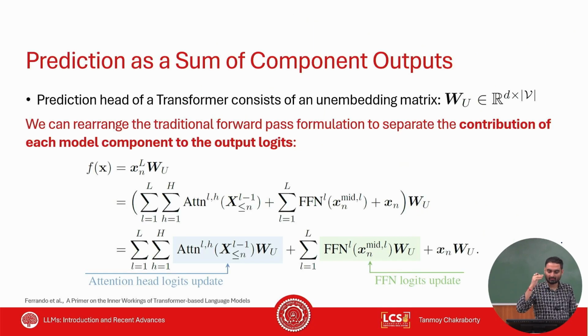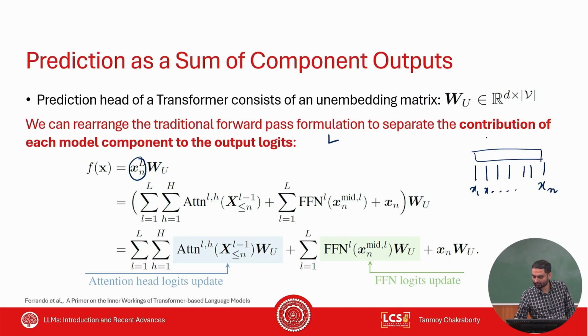Now think of the last layer where we actually obtain the final output. For the last layer, the lth layer, from where we get the output, what is the input? The input is x n L, because we have x1, x2, dot dot dot, xn, and we have all these layers.